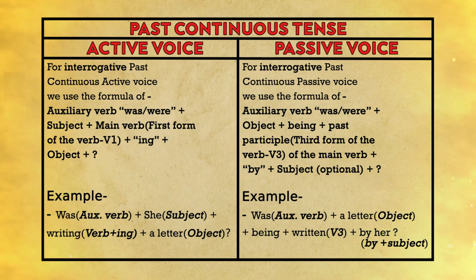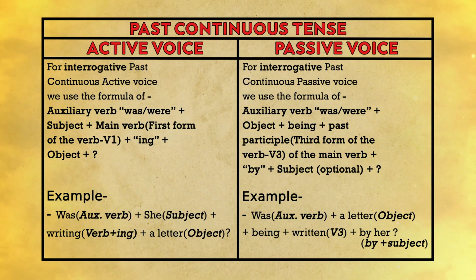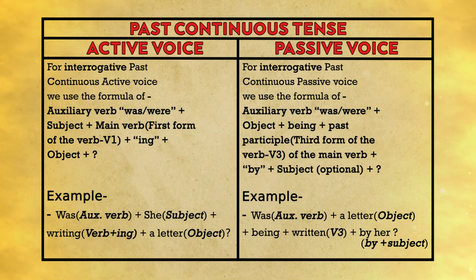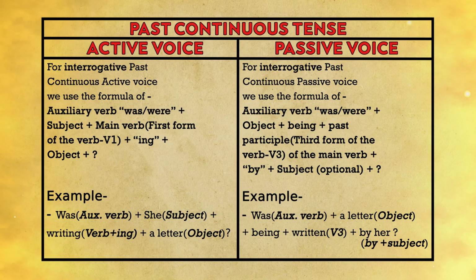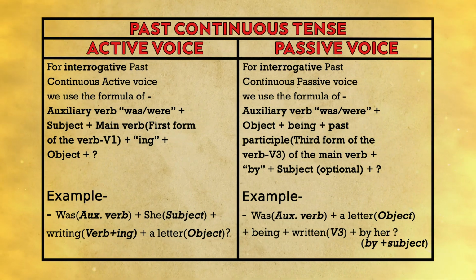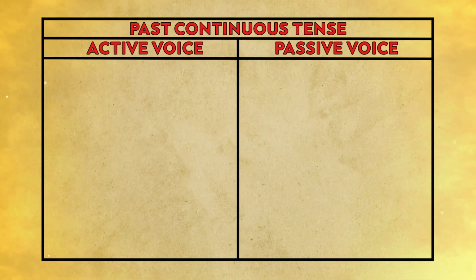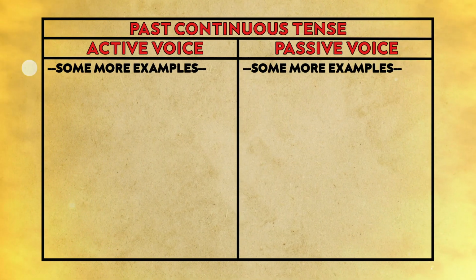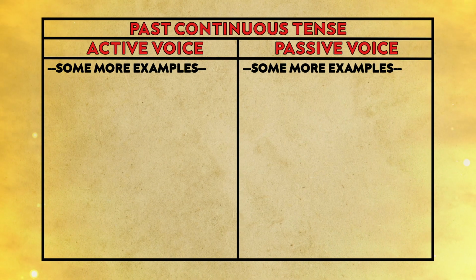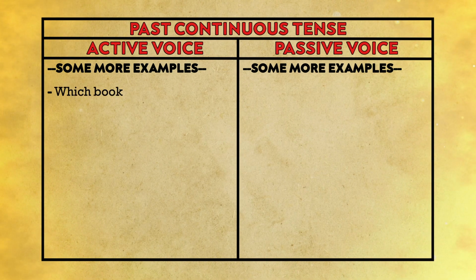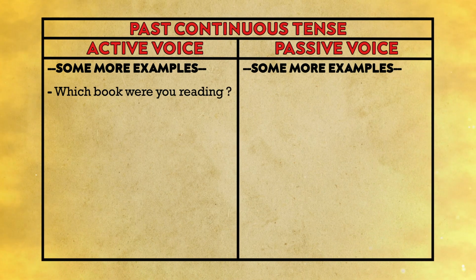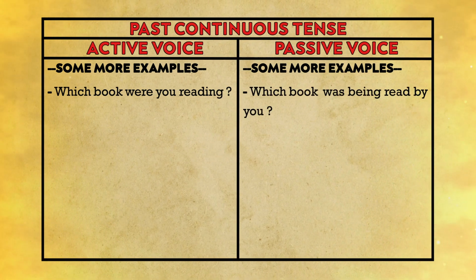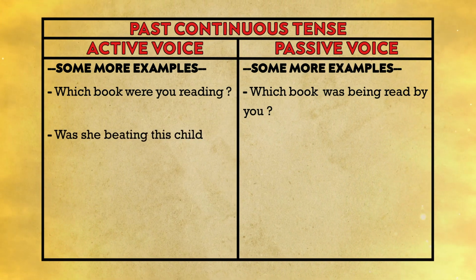Was is the auxiliary verb, plus a letter the object, plus being, plus written, third form of the verb, plus by her, that is the subject. So there are more examples for you on the screen. Which book were you reading? Which book was being read by you? Now please look at the other examples.